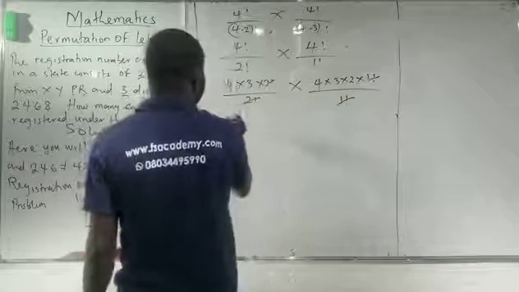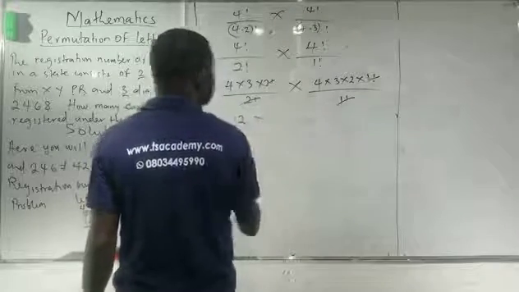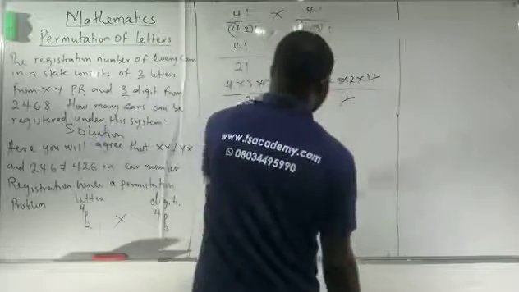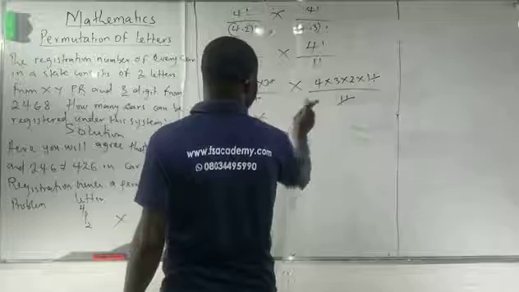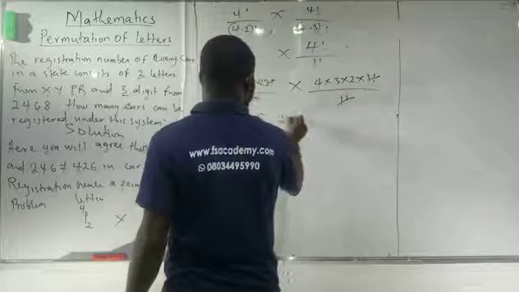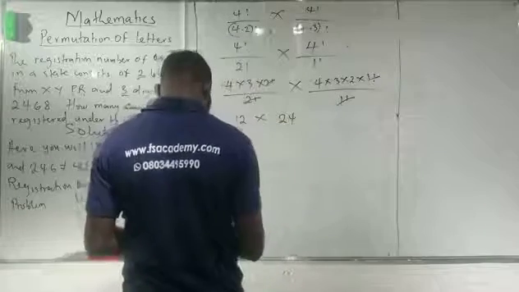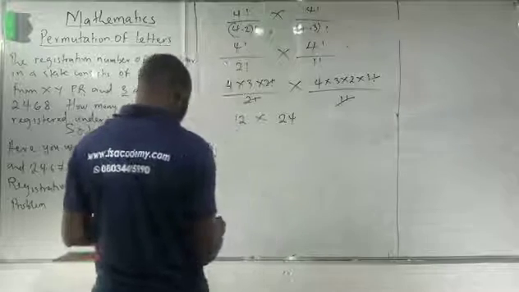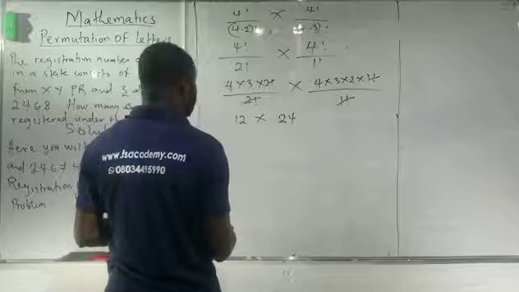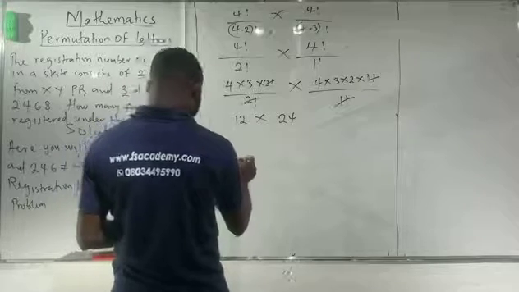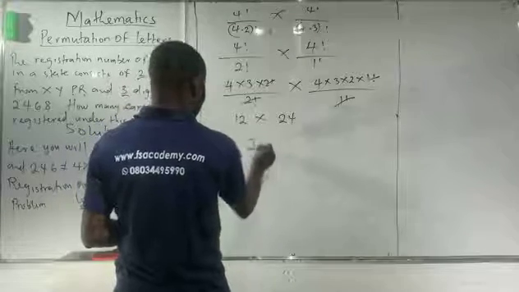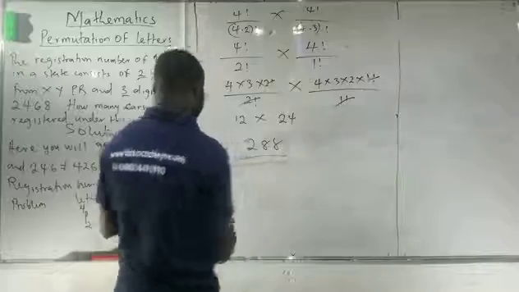Now, I can say that 12 multiplied by 24. Yes, 24. Which will be 288. That is my answer.